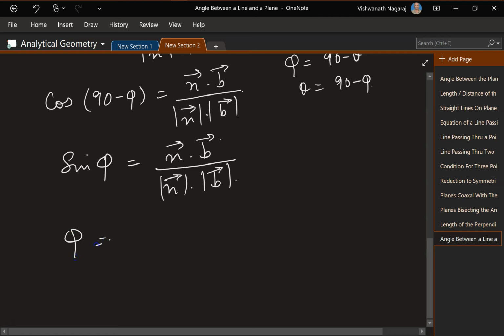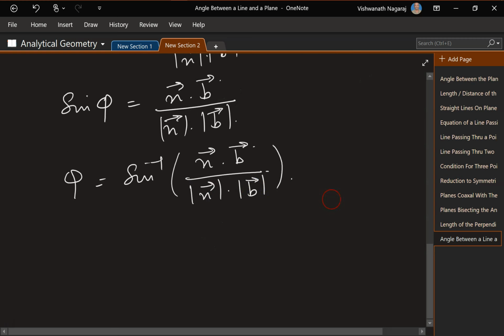So phi, the angle between the line and the plane, would be sine inverse of the normal to the plane, dot vector b, divided by magnitude of n and magnitude of b. So that is the equation of the angle between a line and a plane.